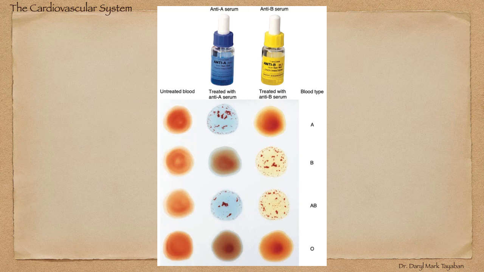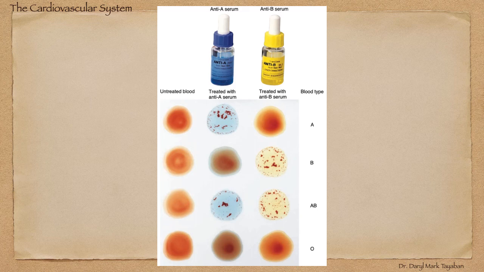Then you place the solution. If the blood clots after placing the anti-A serum, meaning there's an A. If there's another clot, there's another letter, so it's AB. But if, for example, only the anti-A serum clots, it means your blood type is A.